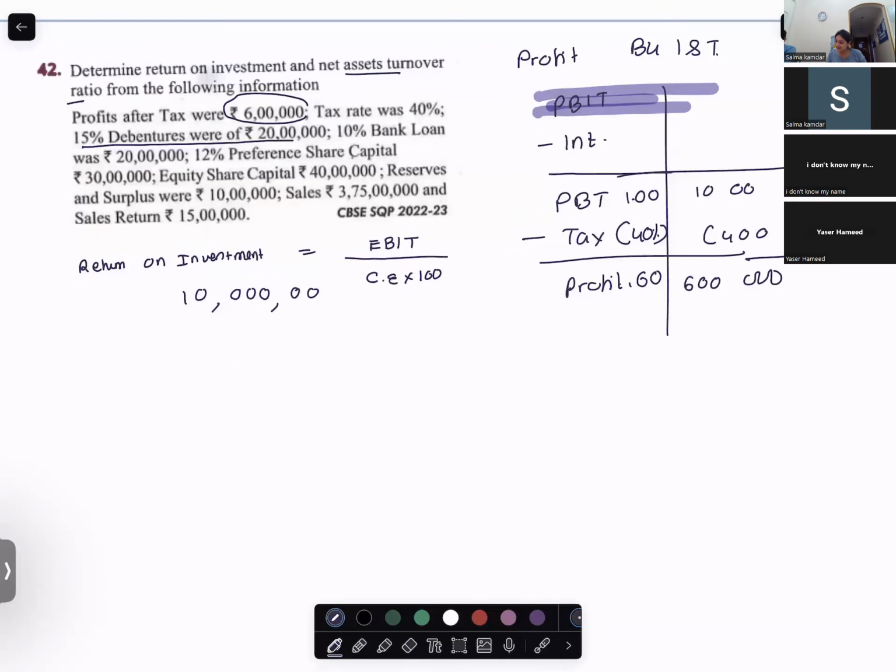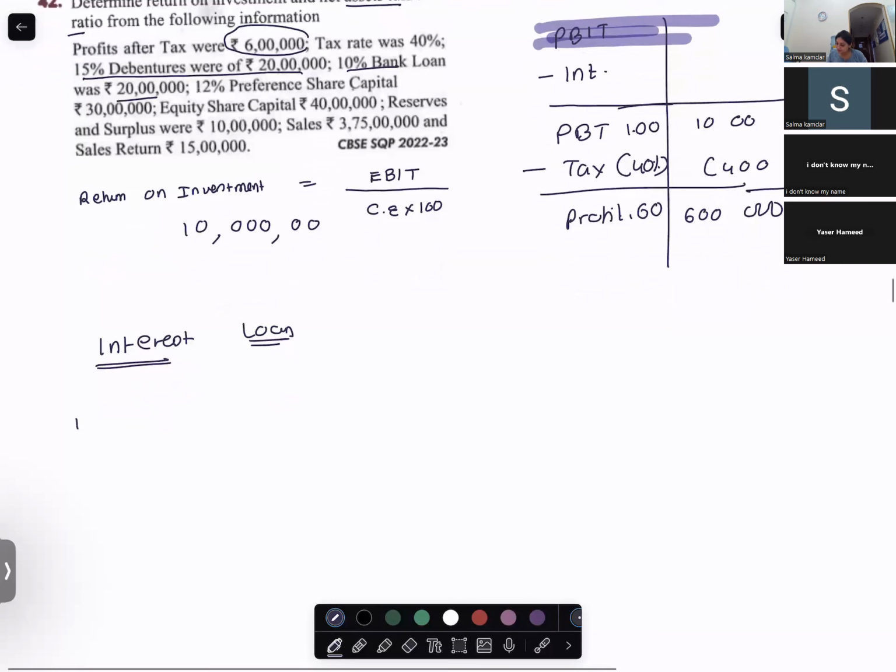15% debentures were 20 lakh and 10% bank loan was 20 lakh. Can I find my interest? Interest will be on the loans that you have taken. Calculate interest. 15% debentures is 20 lakh. 10% bank loan is 20 lakh.